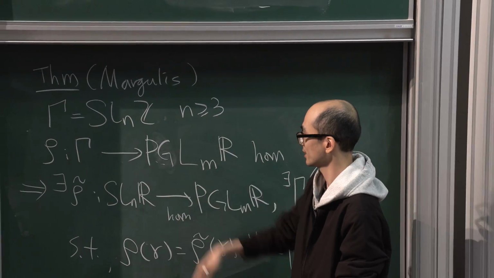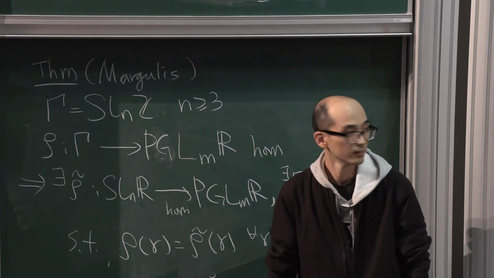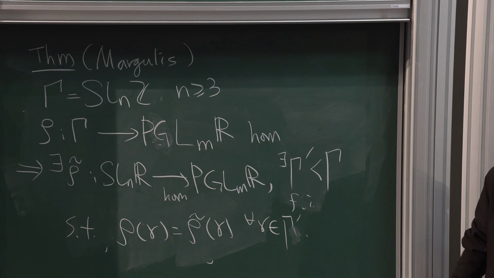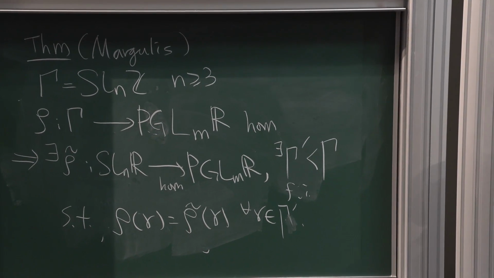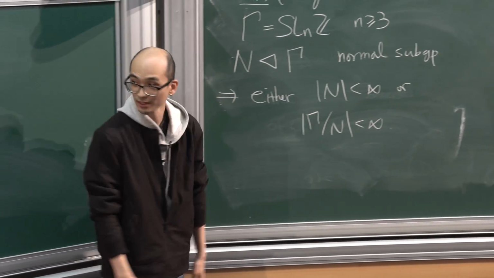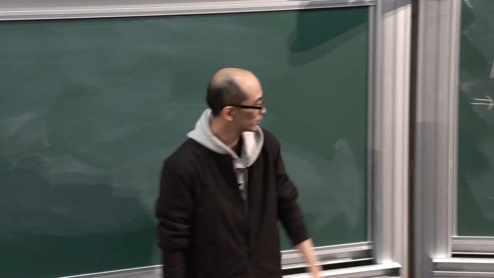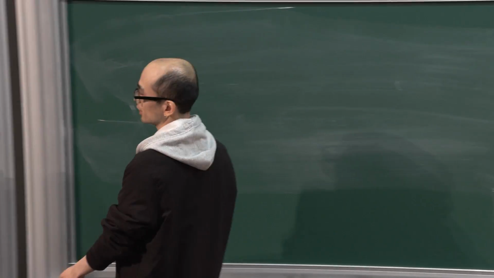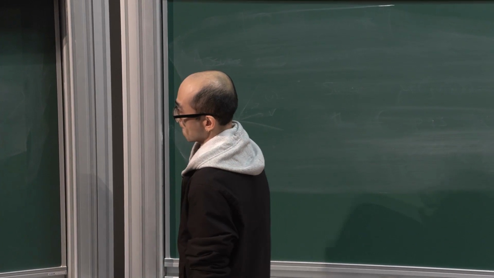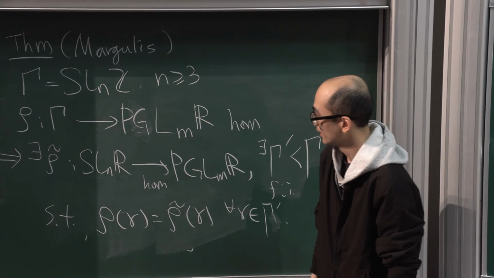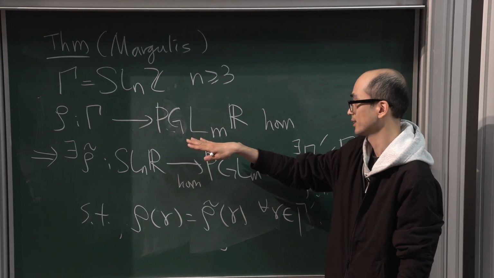So if you have a homomorphism, then your kernel is either finite or finite index. If you have a finite index kernel, then basically the homomorphism is trivial. Otherwise, you can go to the finite index, and then you don't need to worry about the faithfulness. So this is really about some group theoretic property. But then now you may have some questions.